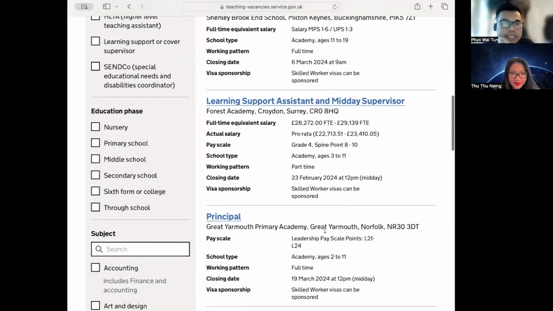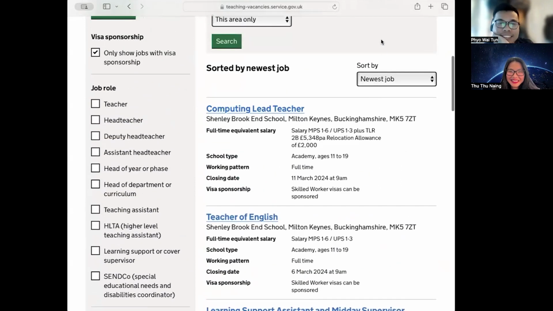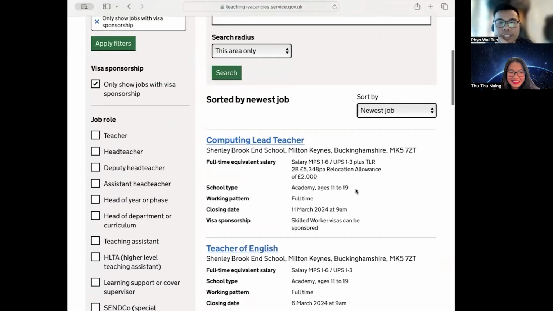Frankly, as we know, the UK is a kind of factory that produces English teachers, so it's really competitive. But they are in high demand of subject teachers, not just English. For example, physics, what else?